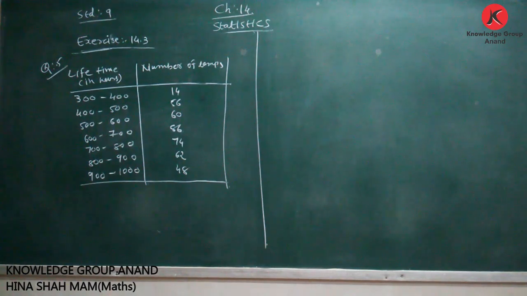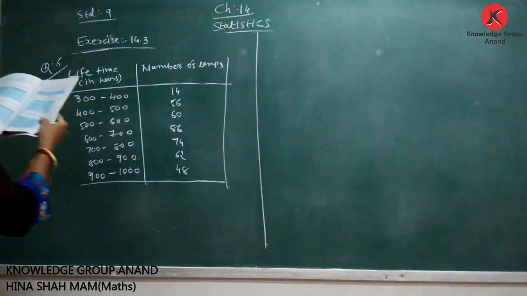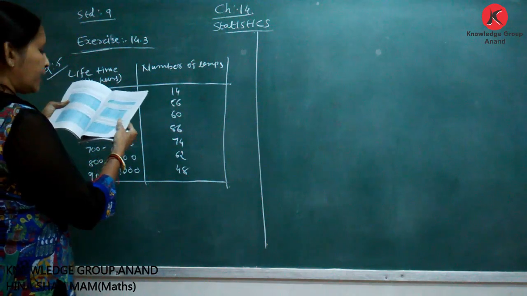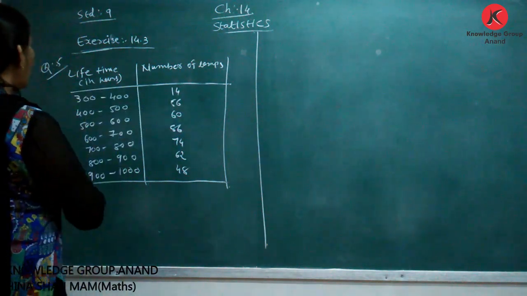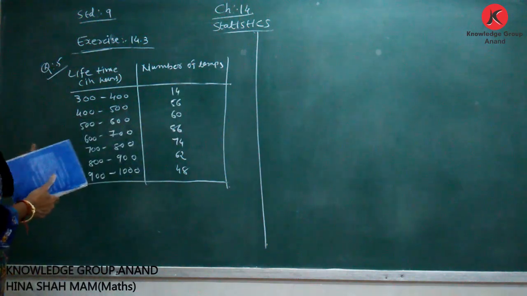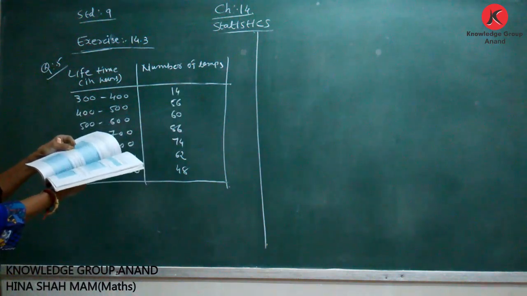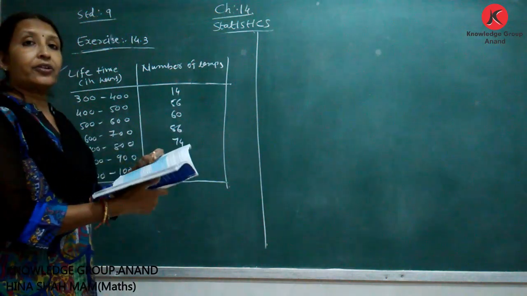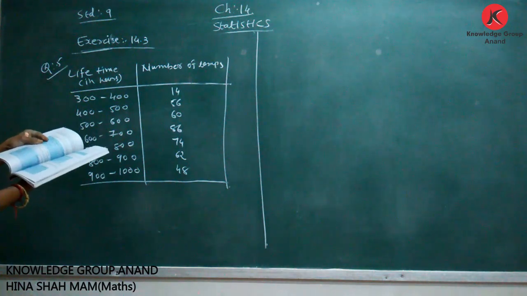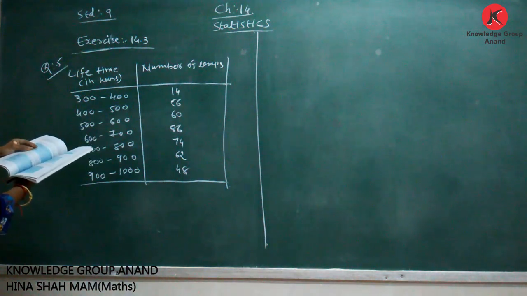Now, question number 5. It gives the lifetimes of 400 neon lamps. Lifetime in hours: 300 to 400, 400 to 500, 500 to 600, 600 to 700, 700 to 800, 800 to 900 and 900 to 1000.